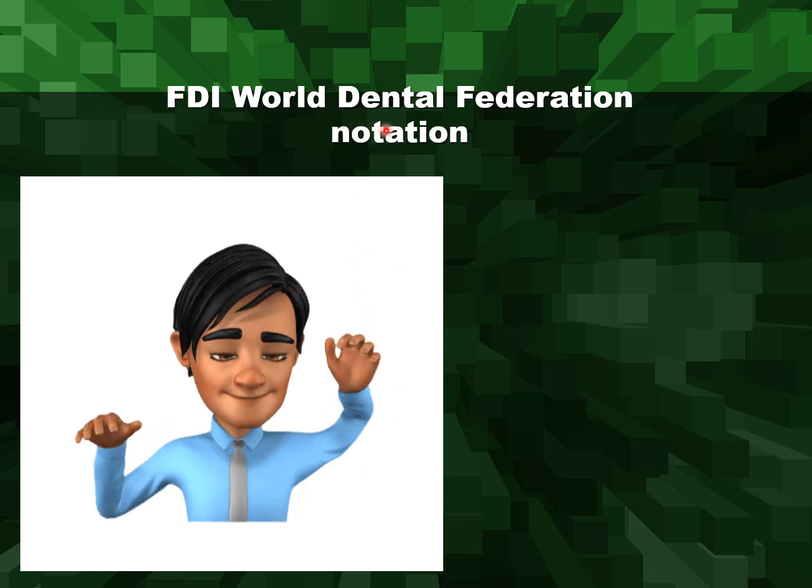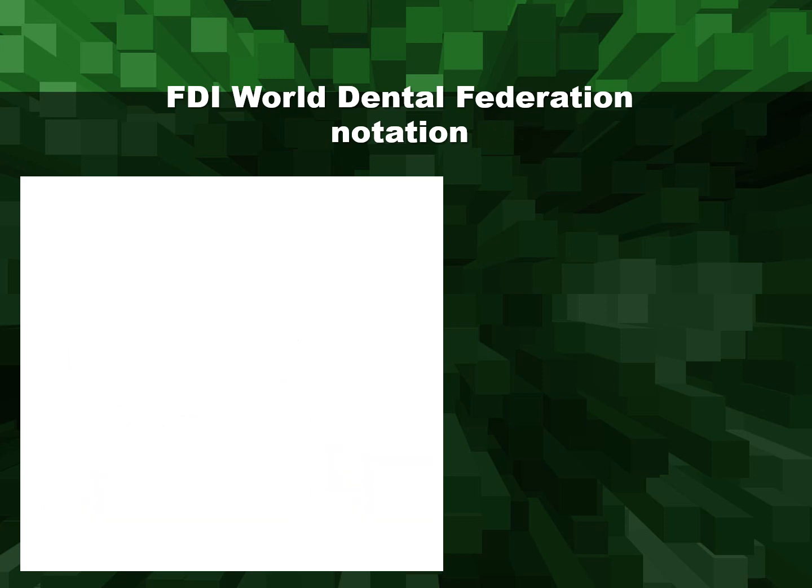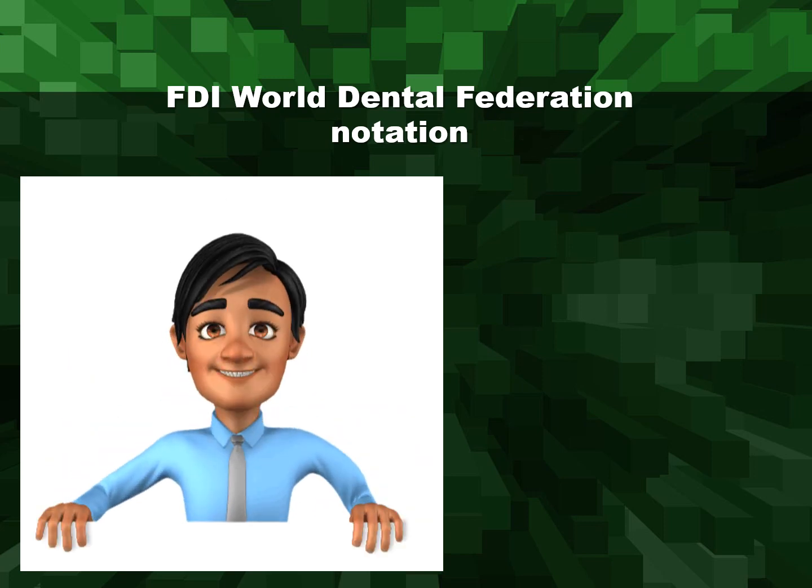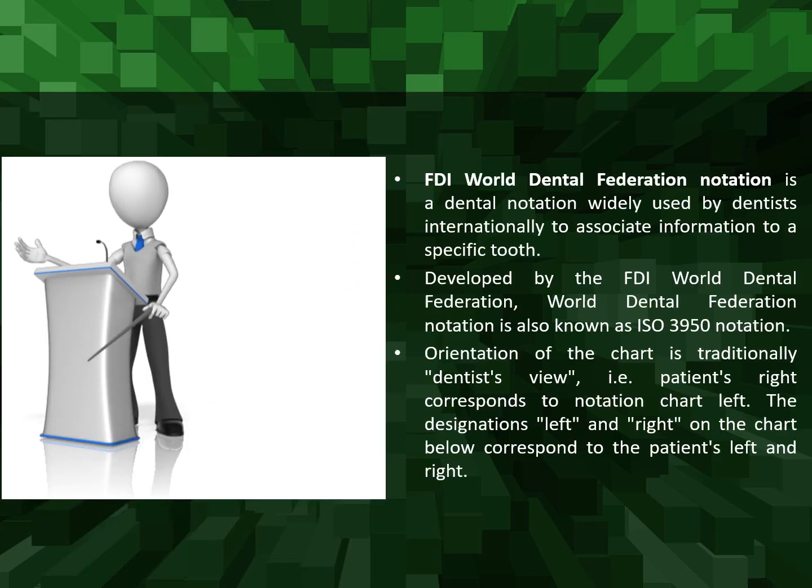What about FDI World Dental Federation notation? FDI World Dental Federation notation is a dental notation widely used by dentists internationally to associate information to a specific tooth. Developed by the FDI World Dental Federation, it is also known as ISO 3950 notation.